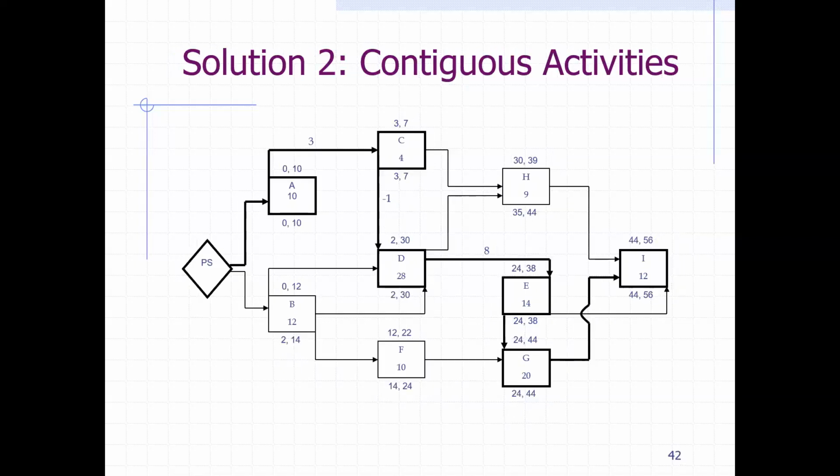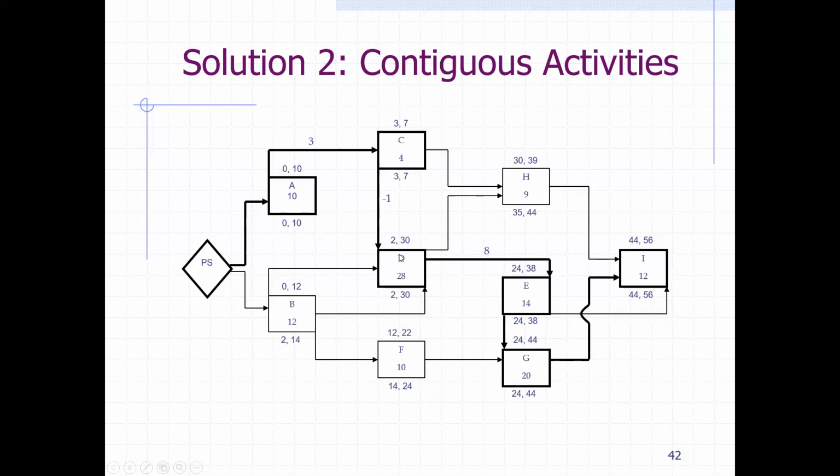What about the contiguous? The same exact thing, it all goes along. But here we have to wait for the activity to finish so you can start another activity. So as I said, everything is the same except E. See here, for E, your early start is at 24 and your finish is 38.